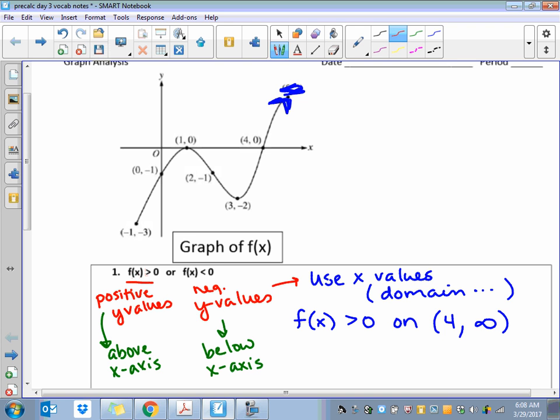I did not include the 4 because at 4 we're equal to 0 and I want just greater than, not equal to 0.